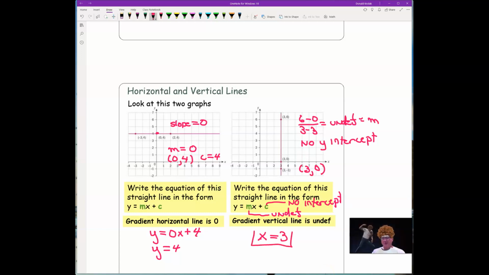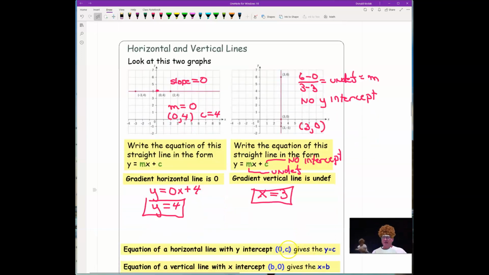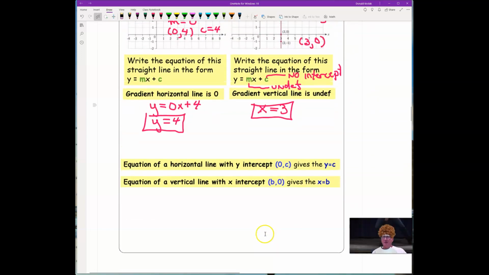So that's our equation for a vertical line, and the equation for a horizontal line. Here's your two. When you're talking about a horizontal line, it's just y equals the y-intercept, and if it's a vertical line, it's x equals whatever the x-intercept is.